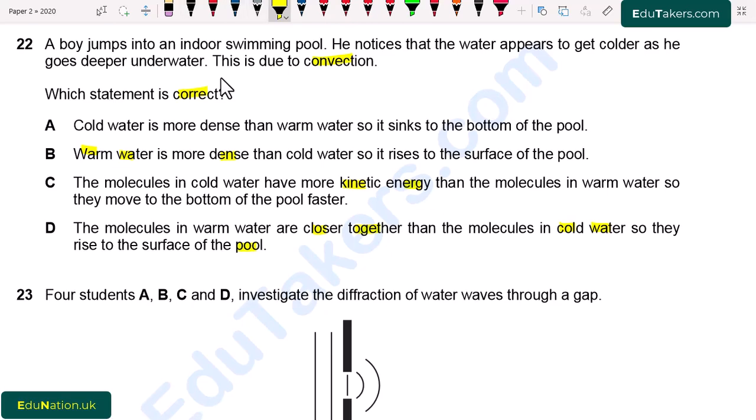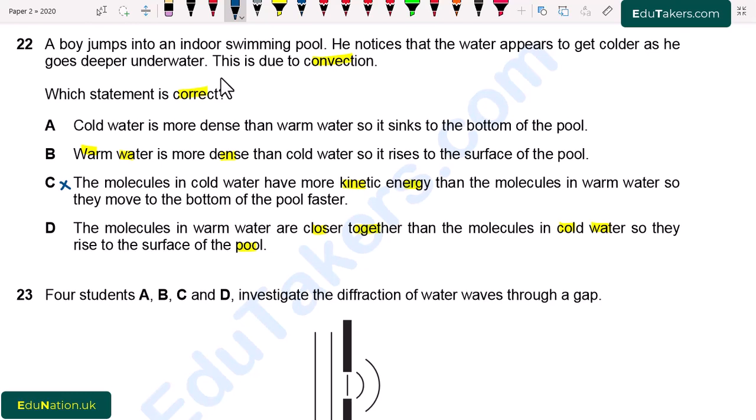So from here we know that the molecules of the warm water has more kinetic energy. But in the option C, it is given that the molecules in the cooled water has more kinetic energy, so this is incorrect.